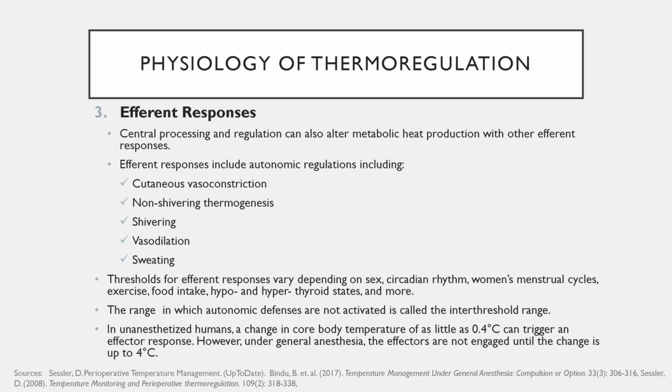It's essentially the same as with pH, right? You don't have to change pH very much, and the human body will respond quite quickly because pH is controlled in a very, very narrow margin. And the same with the core body temperature in a non-anesthetized state.